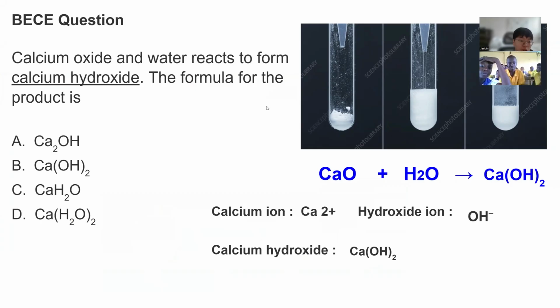Okay, then let's answer this question. This was from the past BEC question, I think from 2025. Calcium oxide and water react to form calcium hydroxide. It asks you to find the formula of this product.